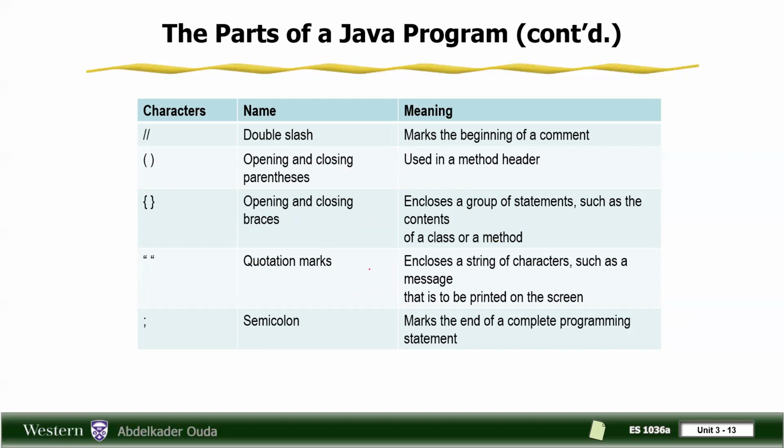Quotation marks enclose a string of characters, which is a sequence of alphanumeric symbols, such as a message that is to be printed on the screen. A semicolon marks the end of a complete programming statement. These are the characters we use and their meaning in a Java program.